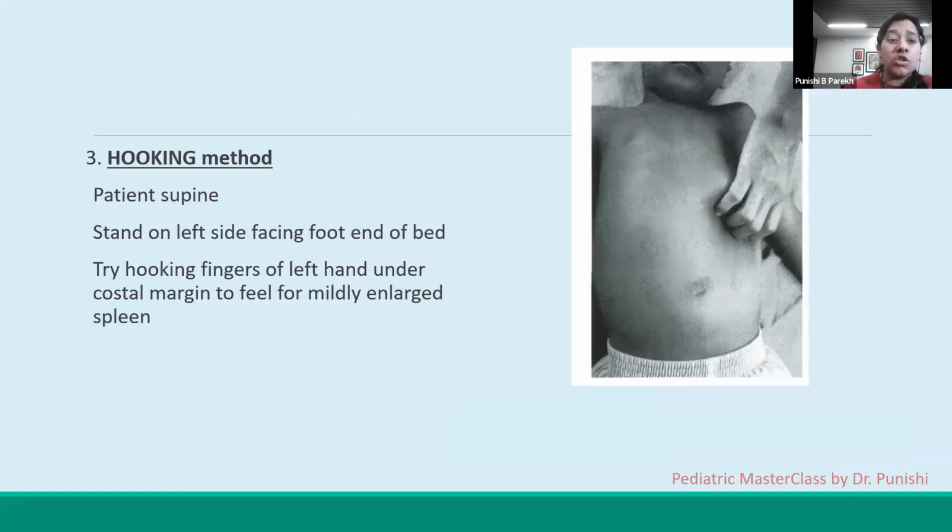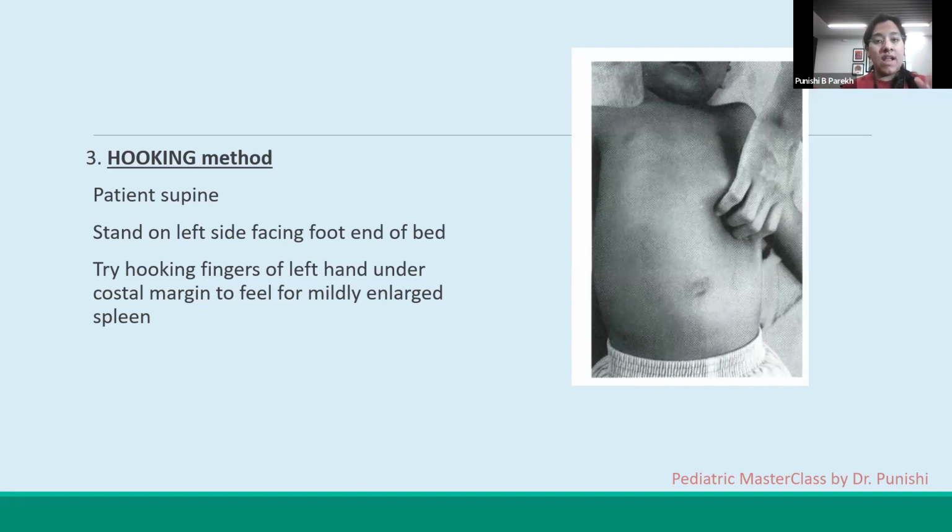And the third is called the hooking method. This is slightly different when you do it. The patient is meant to lie supine. You go to the left side of the patient and you're standing at the head end facing the foot end of the patient. Okay, so your patient is supine, you're on the left side of the patient, at the head end, facing the foot of the patient.